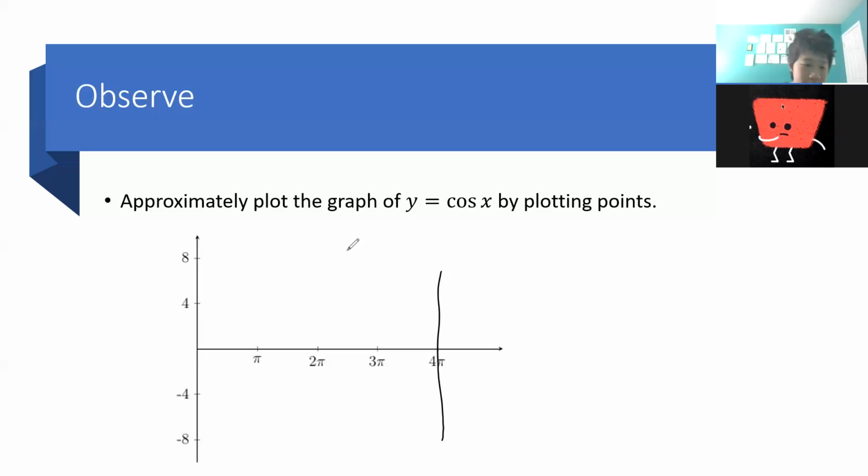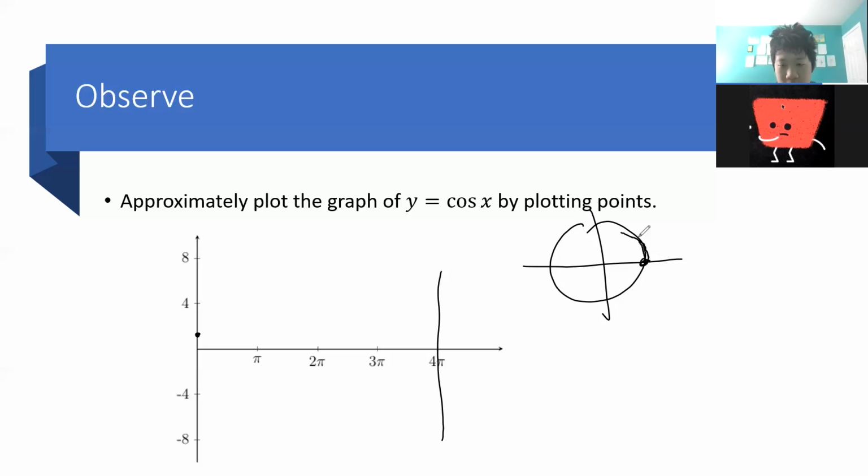Okay, so let's try to graph this. We'll just start. So when x is 0, y is 1. If we draw the unit circle, x is 0. We're obviously doing radians here. So if x is 0, y is 1.